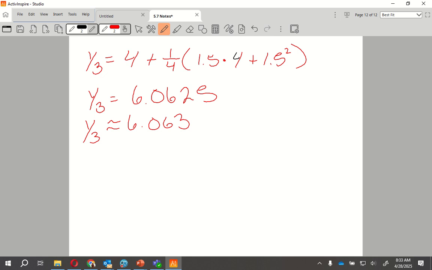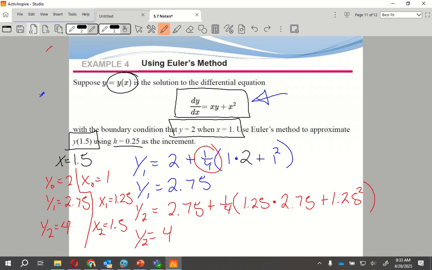And one thing that always gets me on this is when was I supposed to stop? So you stop when you plug in that x value that they were looking for. Because right here it said, when I plug in 1.5, that's my last iteration I need.